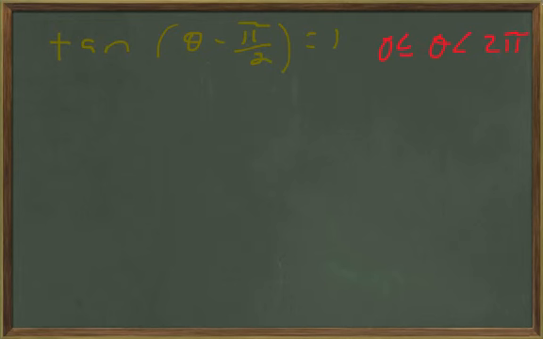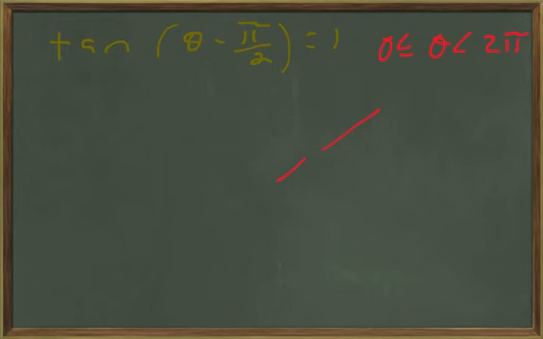So what we want to do is the period of the tangent function is pi. Now, since tangent functions have a value of 1 when it's pi over 4, okay, pi over 4, it does this, and this, and this, and this. Actually, it's just those two.